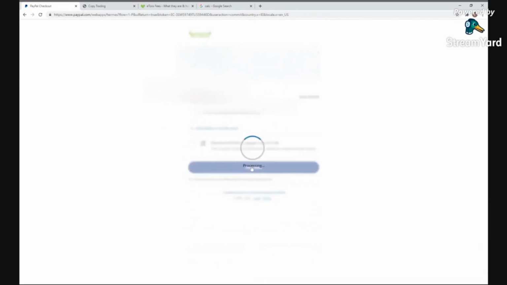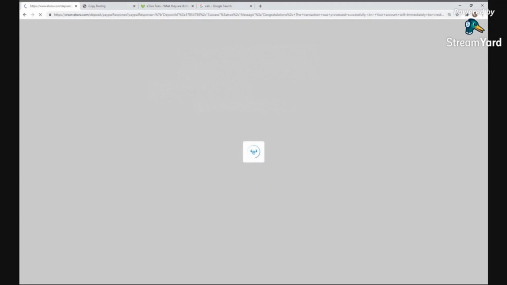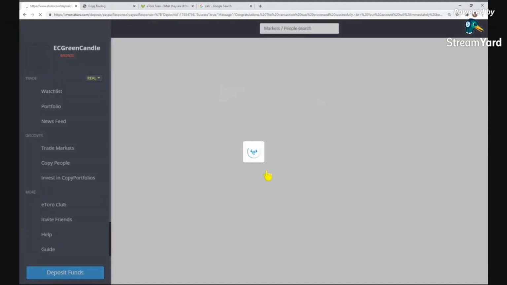Press pay now. It'll just take a few seconds. It's loading up. We're going to get there. But I trust eToro with my money now because I've been using it since March.